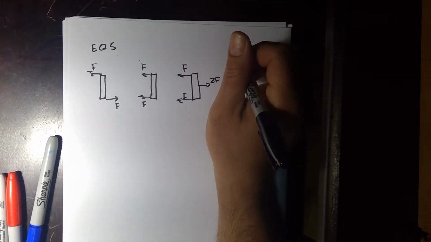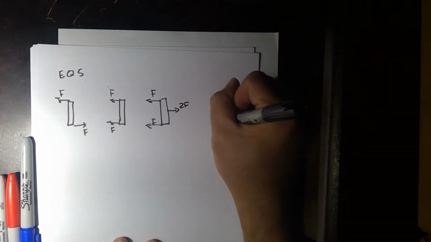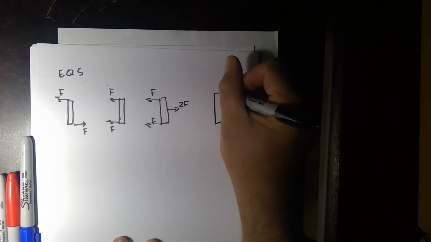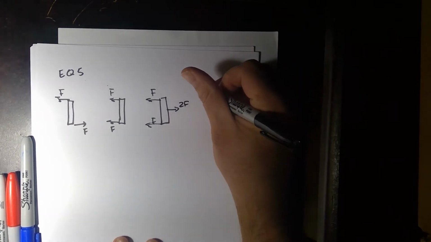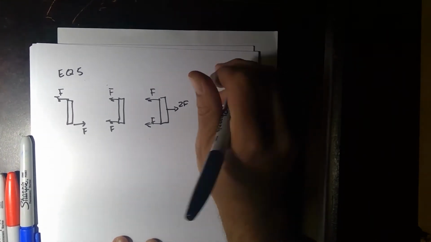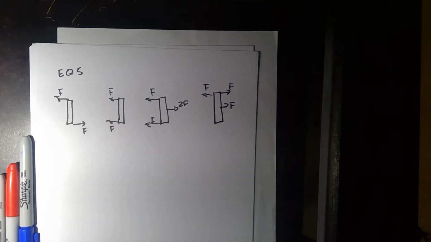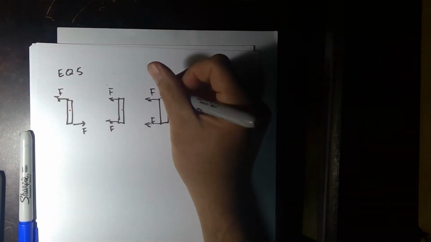And that one's 2F. And the last one, we also have 3 forces. One here, and one here. Right now, our pivot point is defined as this right here.